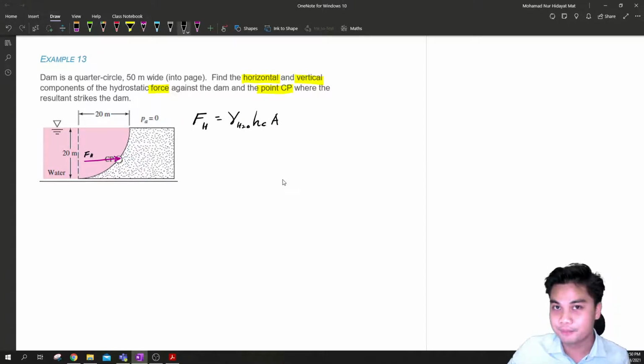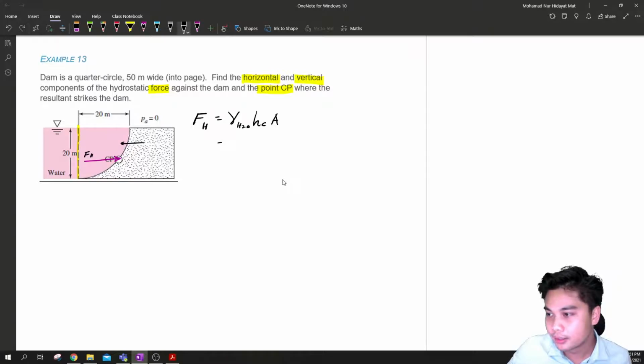What's the area? The projected area. So this is the curve, and then we project into the liquid, and this is the projected area, as you can see here.